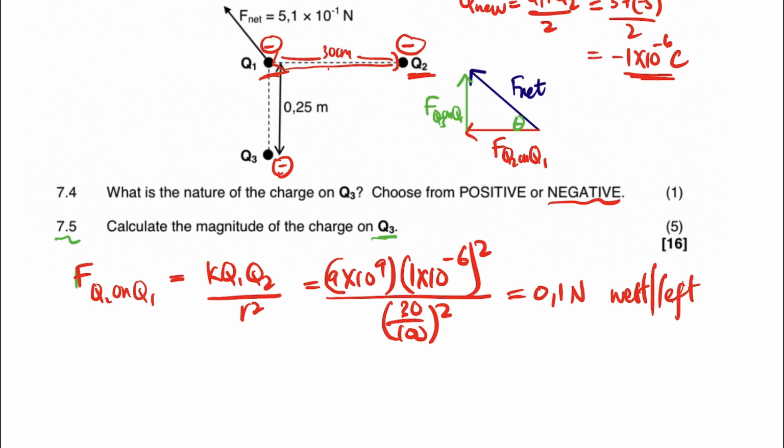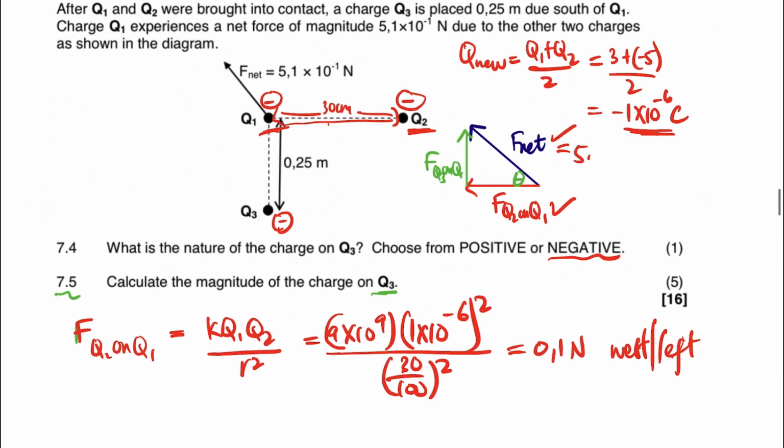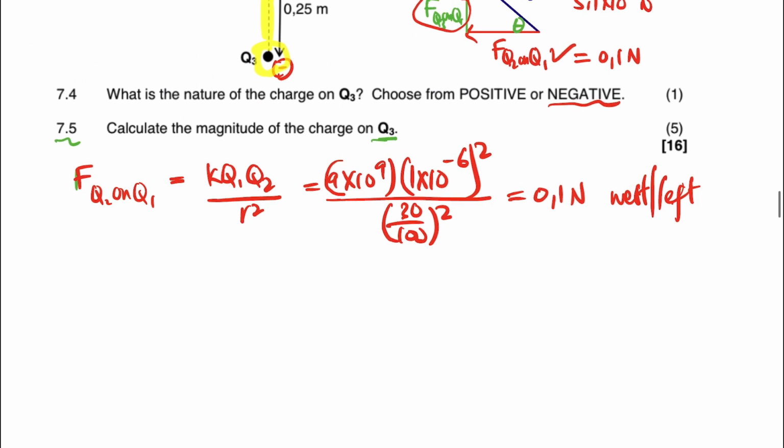Okay, now we have this now, and we have that. This we were given, it's 5.1 times 10 to the power negative 1 newtons, and this one we just calculated, it's 0.1 newtons. Now we want this. Why would we want that? If we have the force there, it will be easy, right?